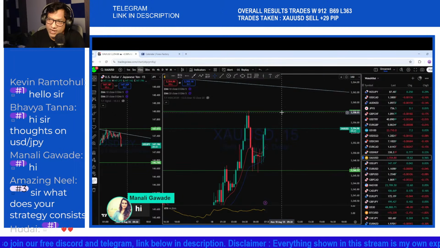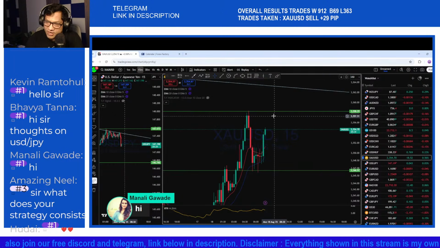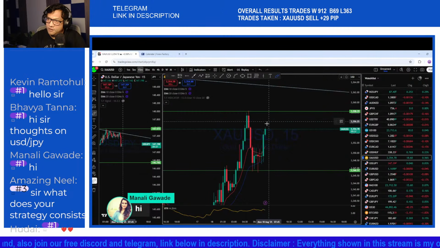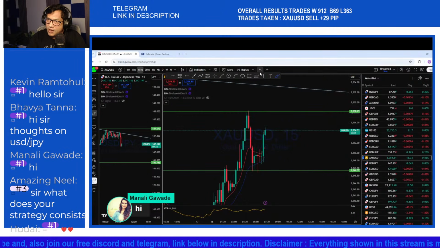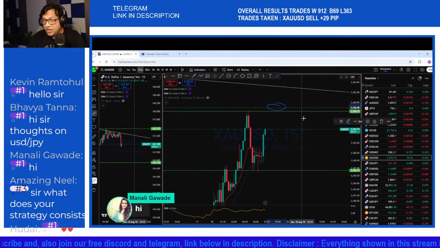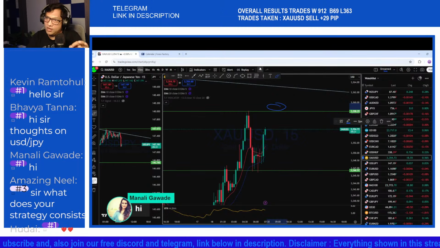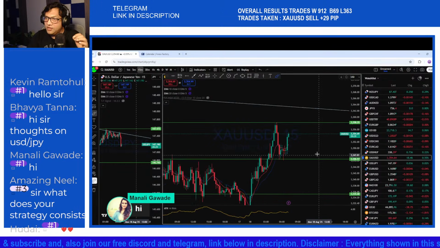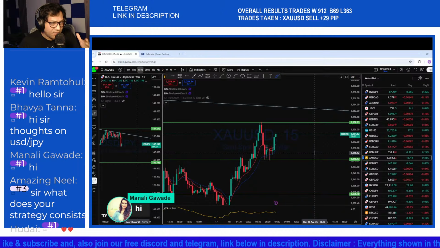What we can expect is for the price to potentially retest that level, and if we see enough price action confirmation for a reversal, we will be selling this market.